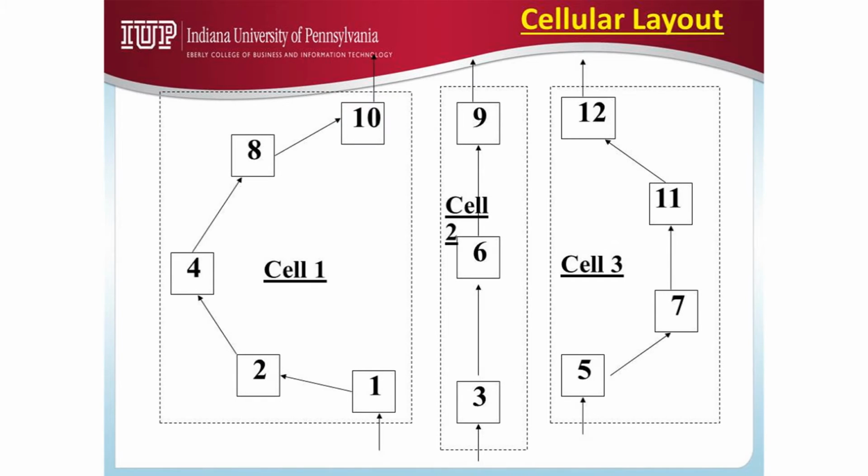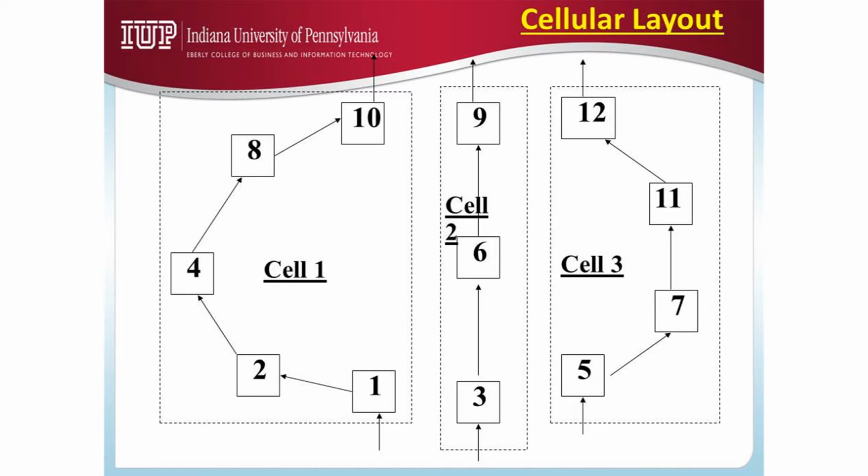Now look at the last slide here. The first cell is 1, 2, 4, 8, 10. This is like an assembly line. All the products that are assigned to cell number 1 go through the sequence 1, 2, 4, 8, 10 like an assembly line. The second cluster is assigned to cell 2, machines 3, 6, and 9.